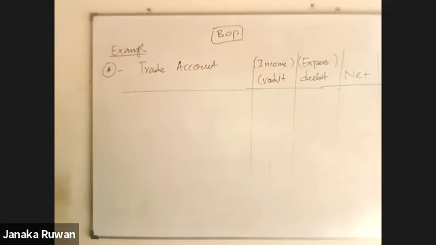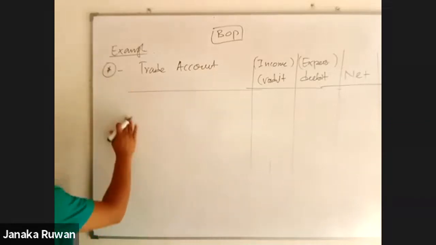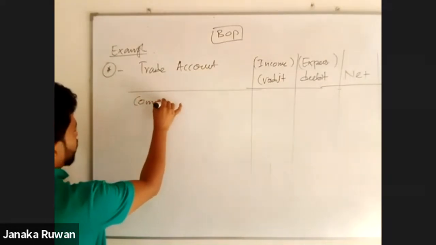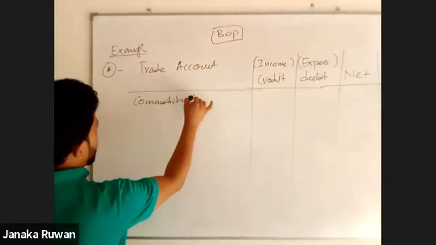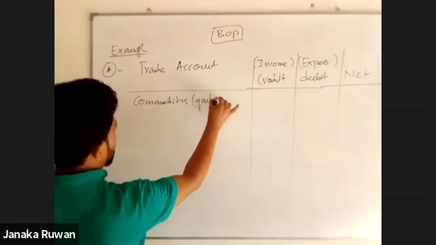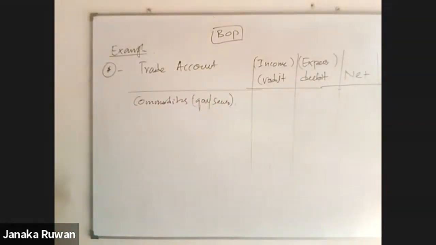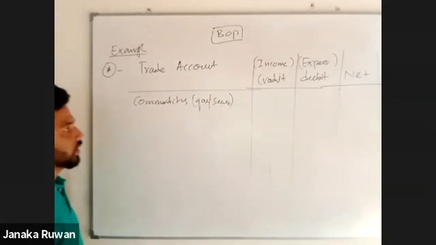The first one is exporting or importing commodities, that means goods and services. If you export goods and services, it will be income.